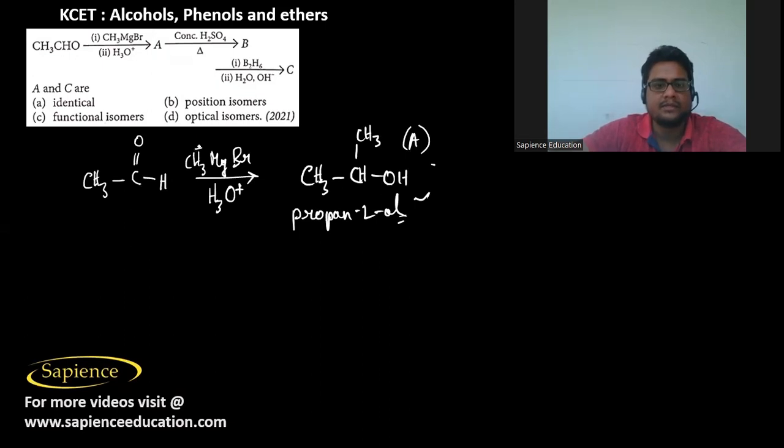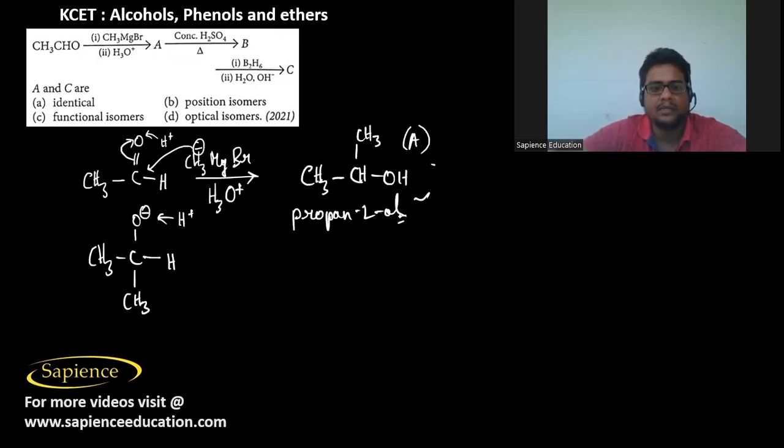Since from here this CH3 minus will attack here, the pi electrons will go here, and it will form CH3CH(O minus)CH3. Then H plus will attack here and it will form propane 2-ol.